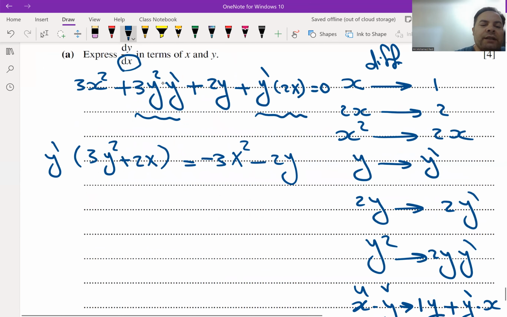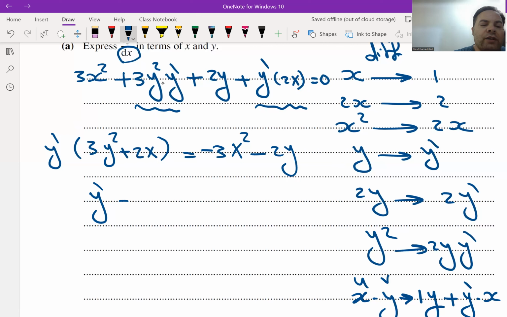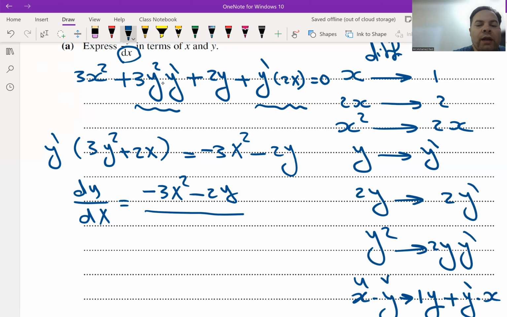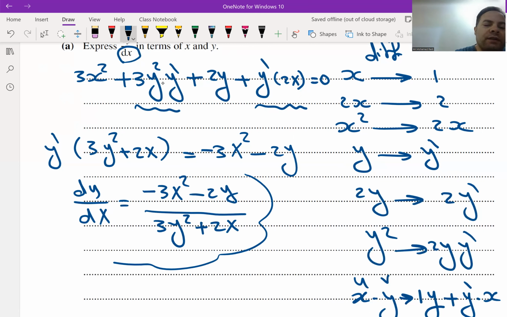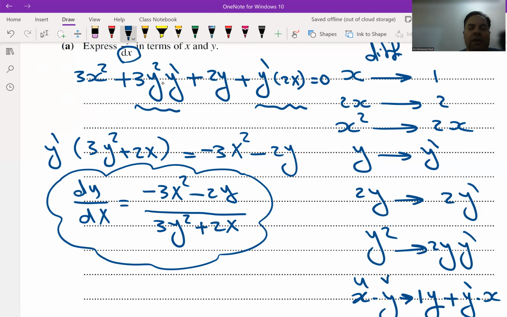By dividing, y dash, or instead of writing y dash, as he asked to write dy by dx, is equal to minus 3x squared minus 2y, all divided by 3y squared plus 2x. This is the final answer, dy by dx in its simplest form.